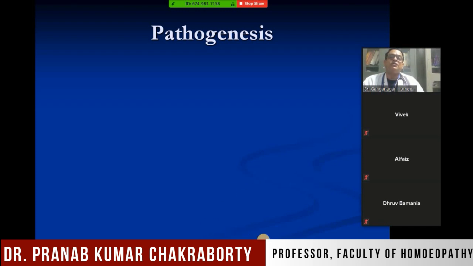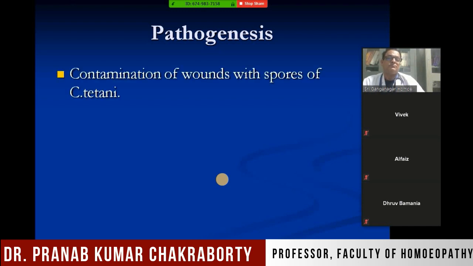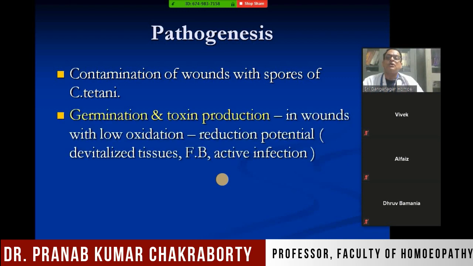The pathophysiology I have already told you. Wounds are contaminated with the spores of Clostridium tetani, which germinate and produce toxin in wounds where oxidation-reduction potential is very low, especially in devitalized tissues.